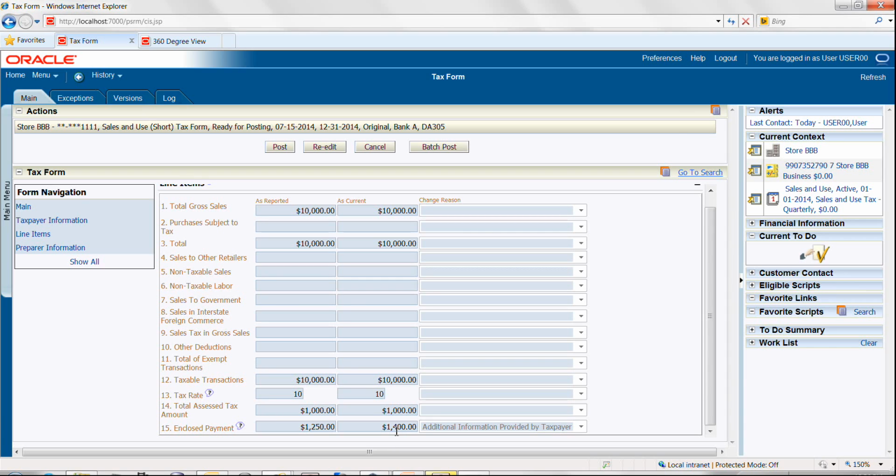We will see what happens when we post this tax form. So I'm going to post. Let's see what's going to happen.